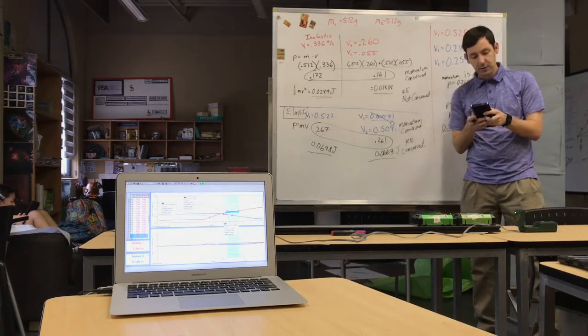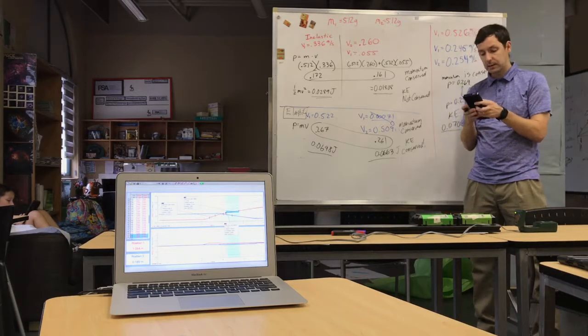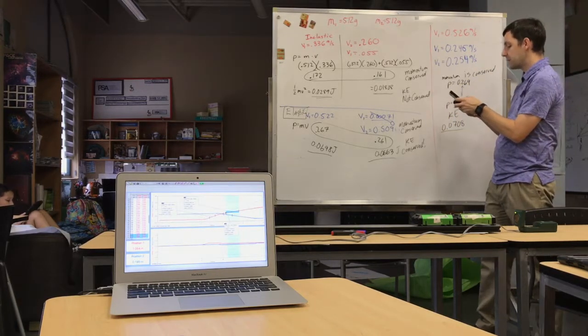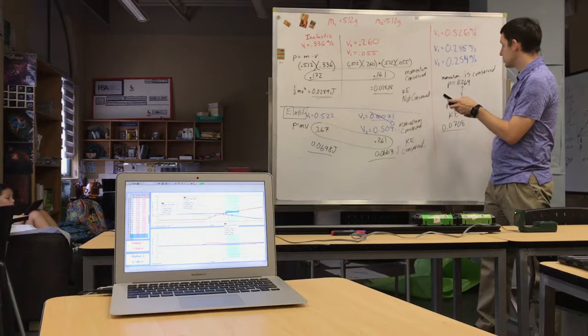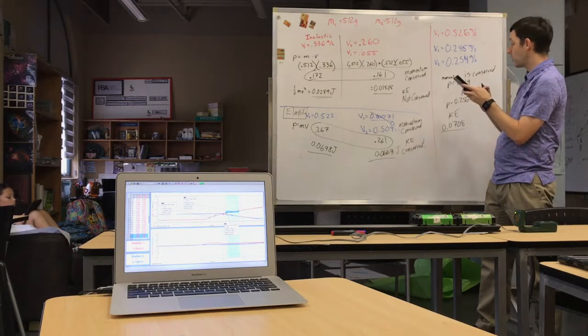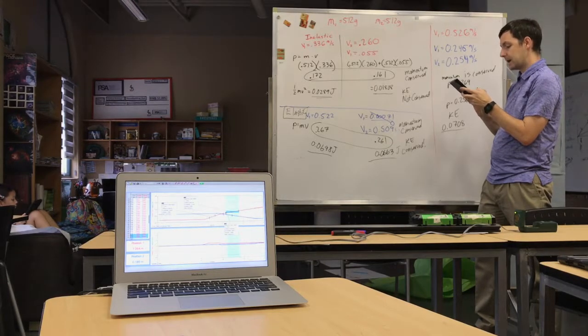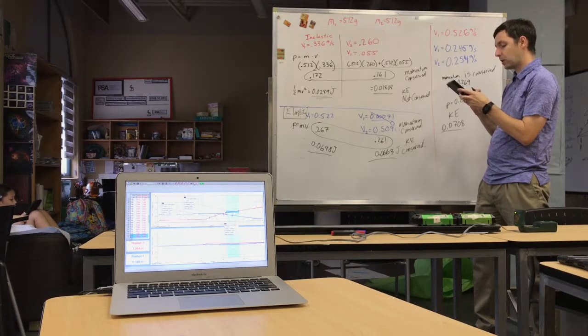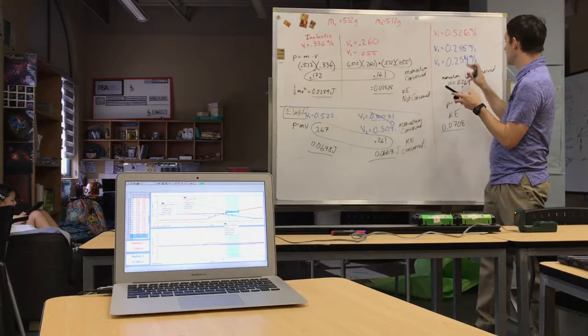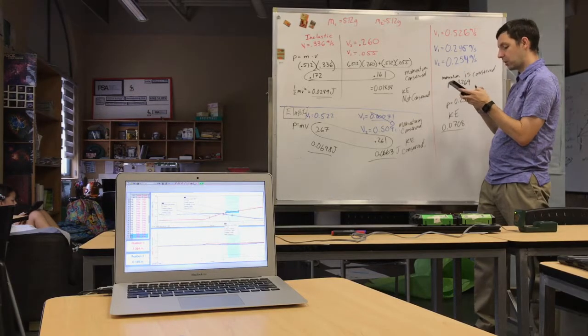And then final, I'm going to do exactly the same thing, except I'm going to go 0.5 times 0.512 times 0.246 squared. And then I'm going to add the 0.5 times 0.512 times 0.254 squared.